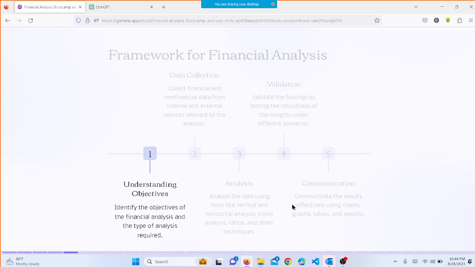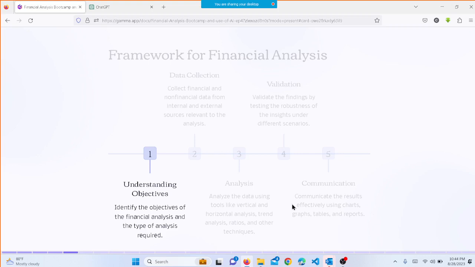It can be used for investment. It can be used for evaluating the company's credibility and liquidity, whether you want to buy from this company or supply to this company. Banks may want to use it for loans. Governments may want to use it to understand profitability, to compare whether the taxes they are paying are justified.